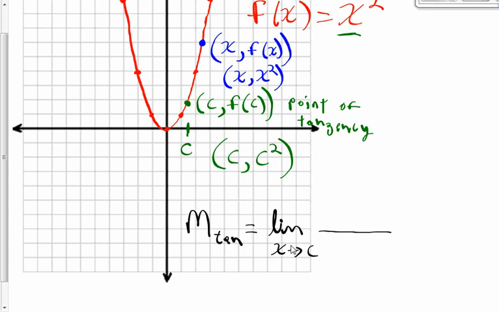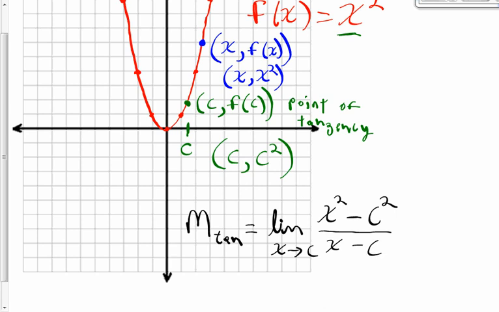So it's going to be x squared minus c squared, or y2 minus y1, divided by x, which is just itself, minus c, or x2 minus x1.